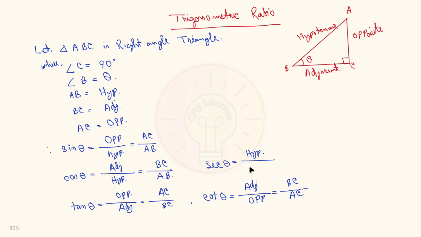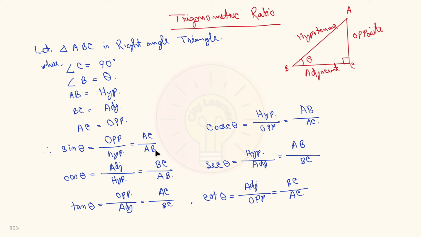So the hypotenuse is AB and the adjacent side is BC. And cosec theta is equal to hypotenuse by opposite side. The hypotenuse is AB, the opposite side is AC. So these are the trigonometric functions, and this is how they are related to the sides of a right angle triangle.